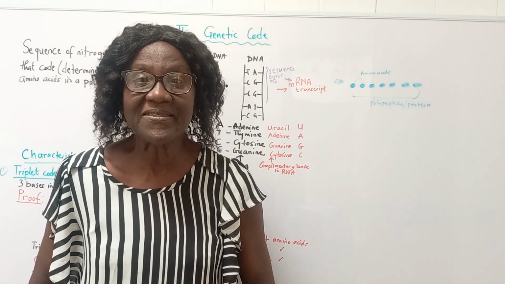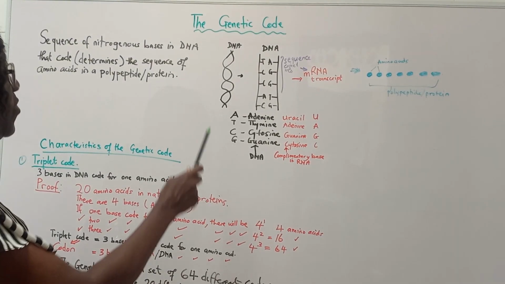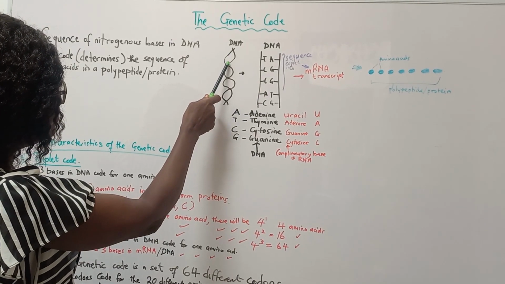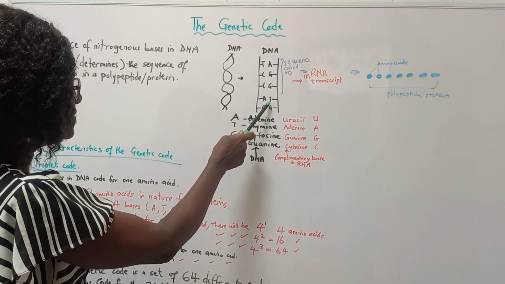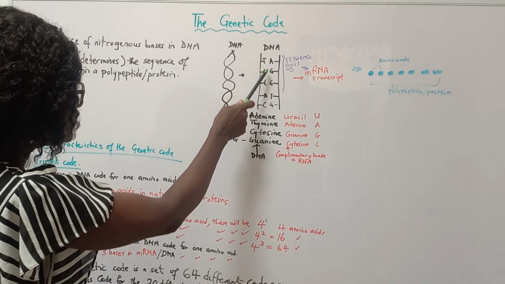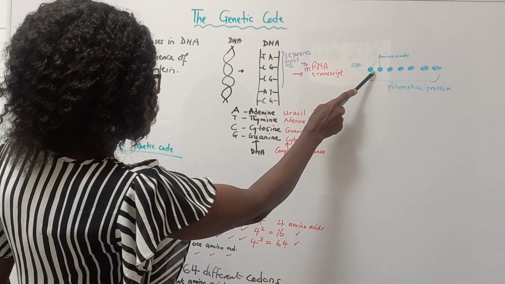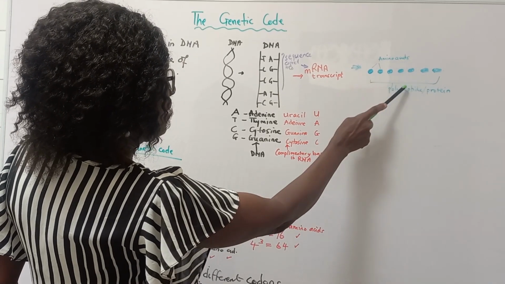In today's lesson, we are discussing the genetic code. It's the sequence of bases in DNA. Well, we have the DNA double helix here. This is the sequence of bases. And the sequence of these bases determines the type of amino acids that should be put together to make one polypeptide.